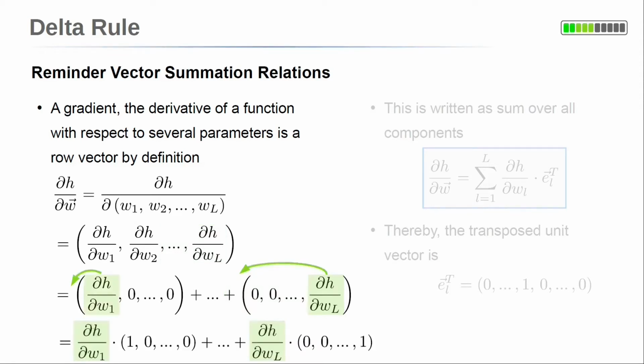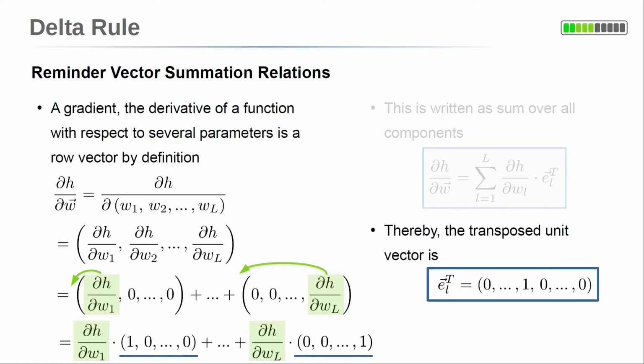We can put the component value in front of the corresponding row vector. This is a sum of components times the corresponding row unit vectors. The lth unit vector transposed is a row vector. It has a single non-vanishing component 1 at the lth position.